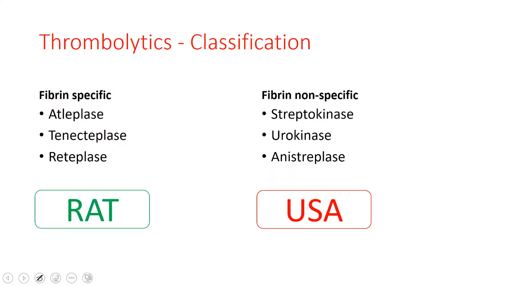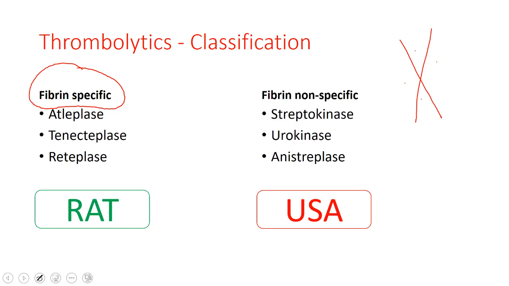So this is how we classify the thrombolytics. This is important for you to keep in mind. We have 3 thrombolytics which are specific only to that plasminogen which is bound to fibrin at the site of thrombi.